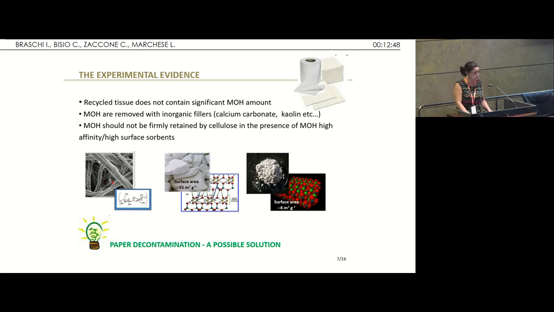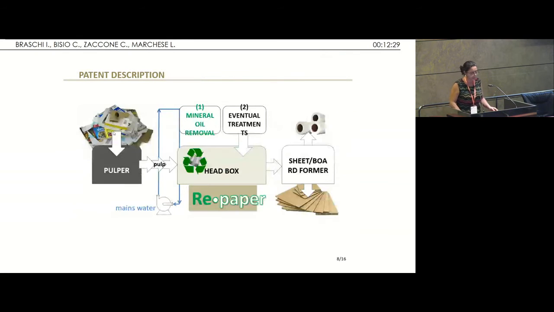So the idea was to synthesize or to find a sorbent phase more affine to mineral oil to remove this pollutant from cellulose-based packaging.